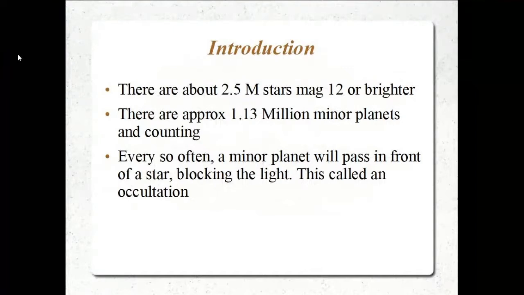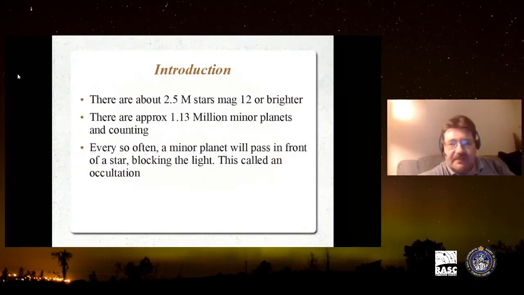That's everything from the near-Earth objects that are close by, the asteroids in the main belt, all the way out to the Kuiper belt objects past Neptune. With so many stars and so many minor planets, every so often, a minor planet will pass in front of a star, blocking its light, as we see from Earth. This is called an occultation.